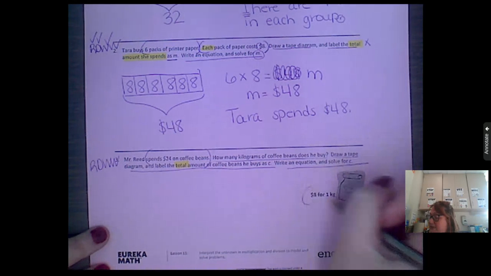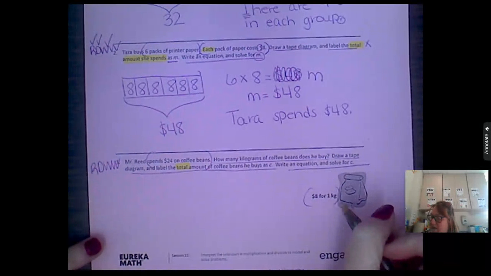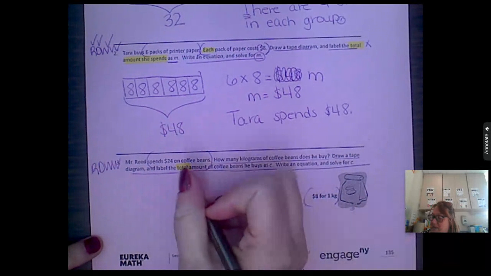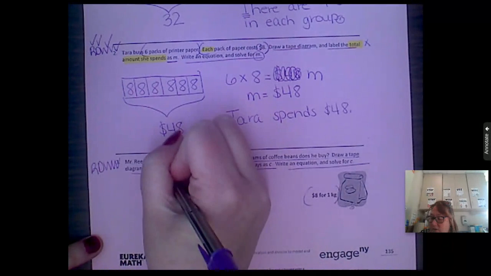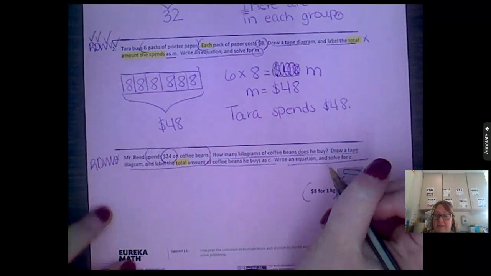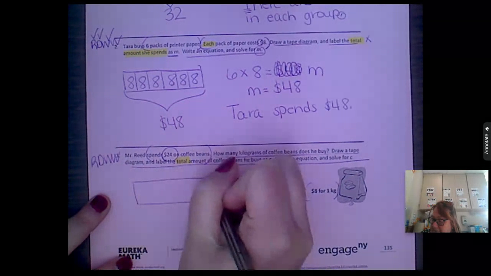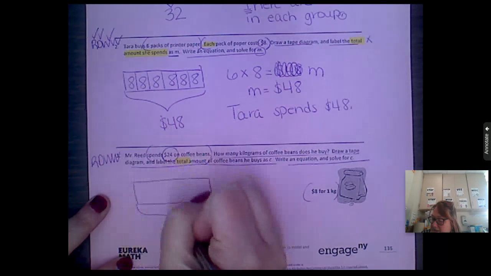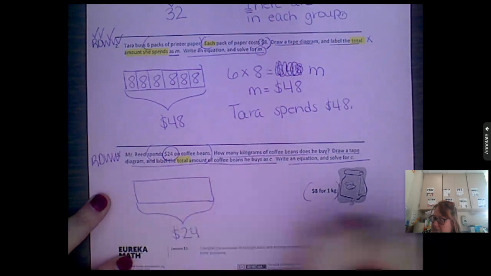So here's my other piece of information here, that it's $8 for 1 kilogram of coffee beans, and he spends $24 on the coffee beans. So 24 would be the total amount because that's how much he spends. So I'm going to do my tape diagram. And I know that he's spending $24 total. Okay.